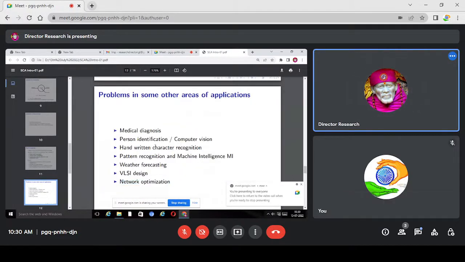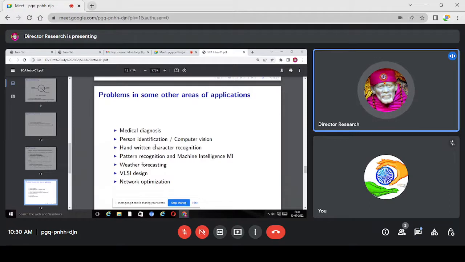Medical diagnosis, person identification, computer vision. Medical diagnosis means you have to diagnose a problem in medical applications. What are the different types of problems in medical-oriented fields, in medicine? You have to diagnose those problems and identify the problem, and only then will we find a solution for the cure. So first, diagnosis of the problem is very important, identifying the problem is very important.